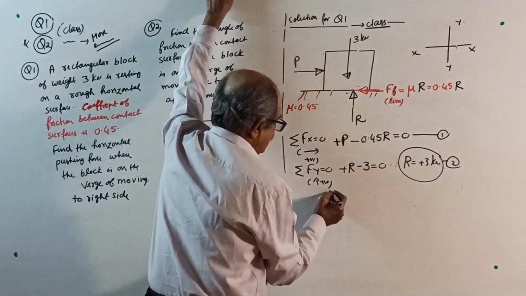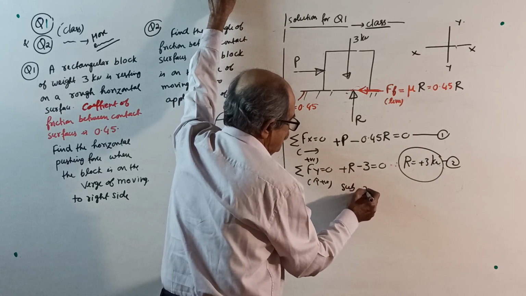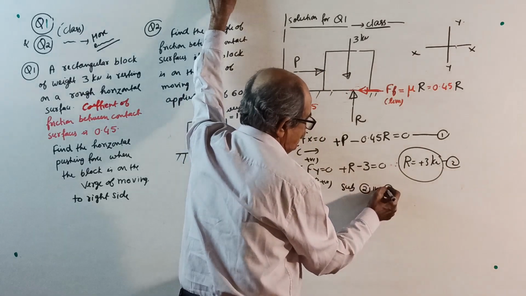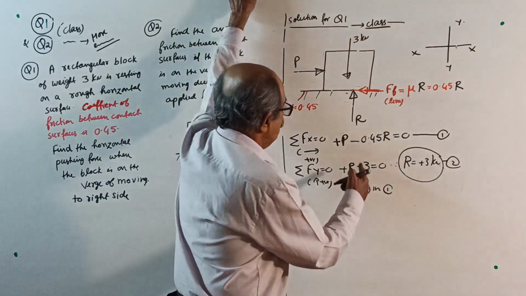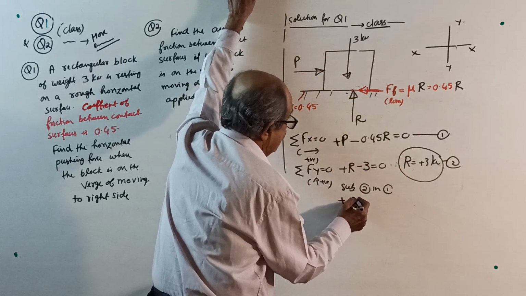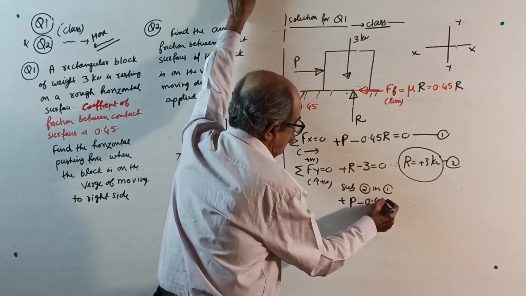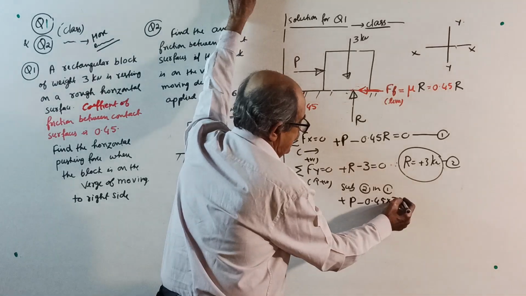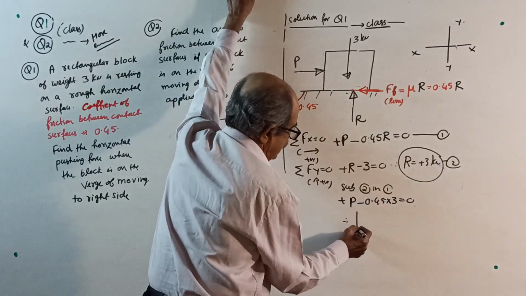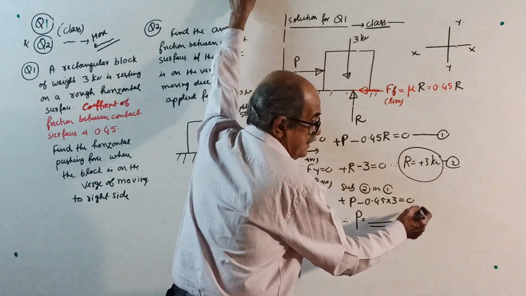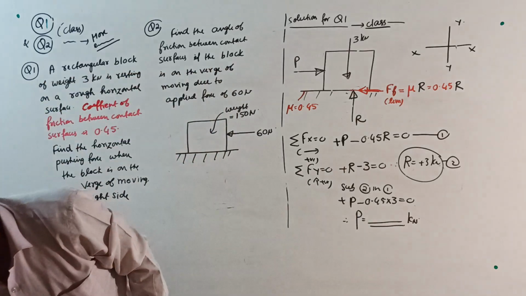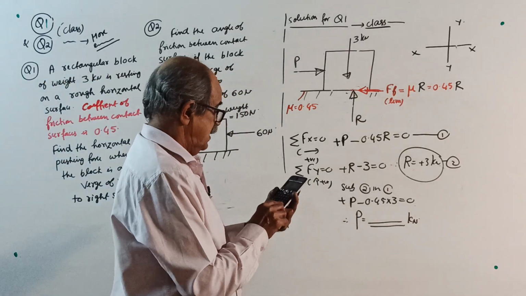Then substituting 2 in 1, actually that 1 and 2 not required. You get R equal to 3, substituting, plus P minus 0.45 into 3 equal to 0. Therefore, the horizontal push required to right side is 0.45 into 3.